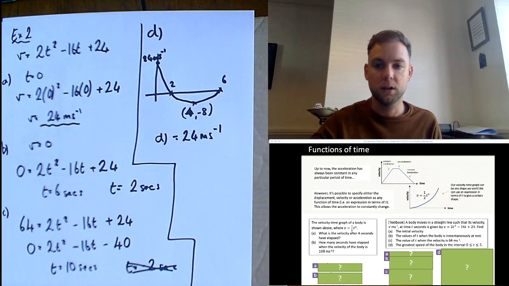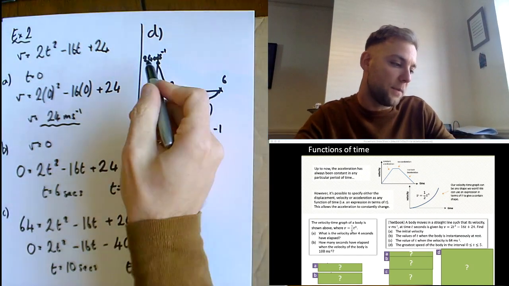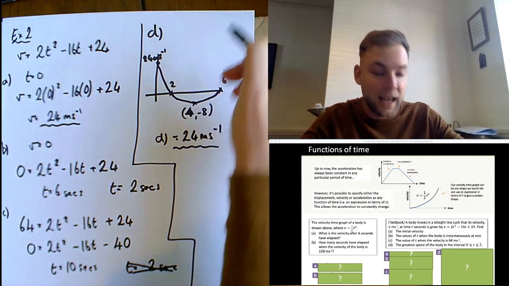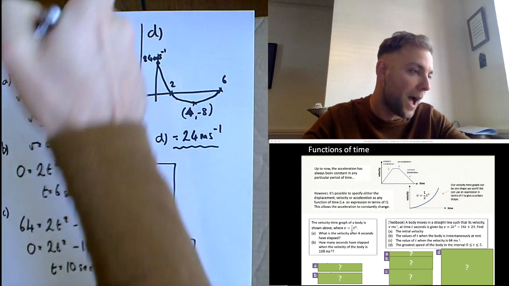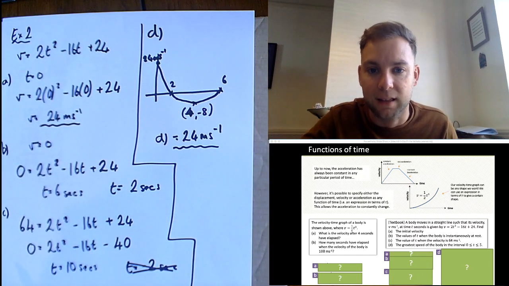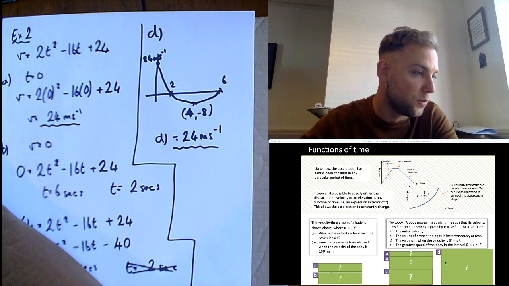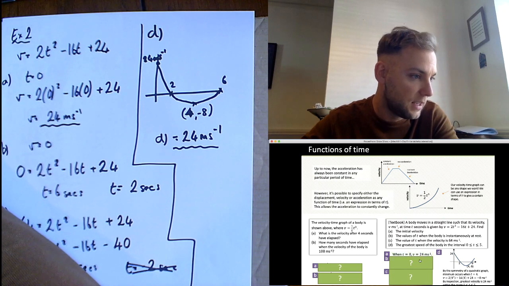That's the greatest possible speed, because it comes down and then starts coming back up. If we went past 6, it would probably have a greater speed over there. However, it only wants it between 0 and 5, so the greatest possible speed between these values is 24. So let's just check all these answers.